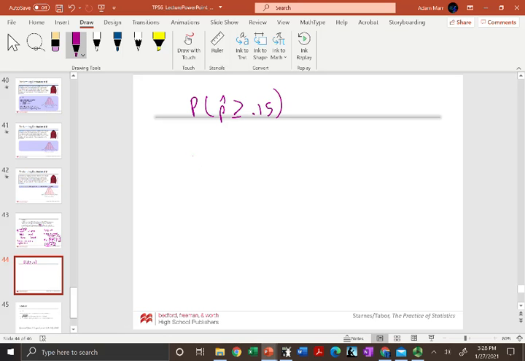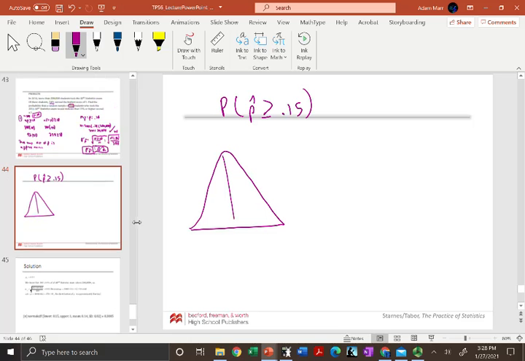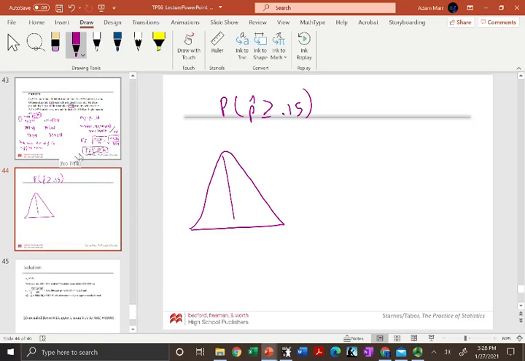No problem. So let's draw a little graph. Once again, just a reminder, the mean of the sample proportion is 0.14 and the standard deviation of the sample proportion is 0.02. So we'll put the mean right there as 0.14. One standard deviation up is 0.16, down is 0.12.